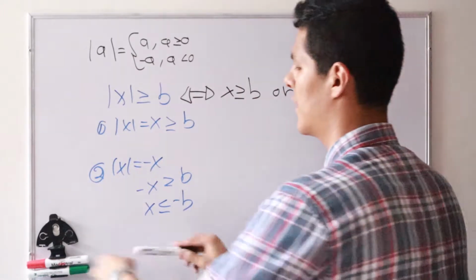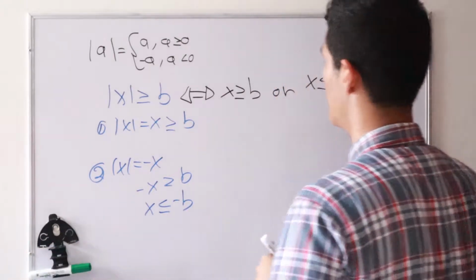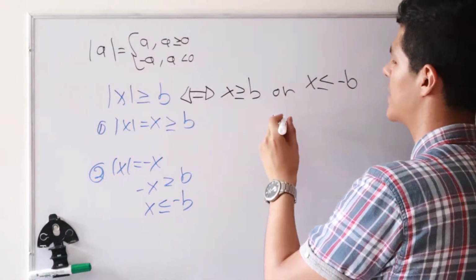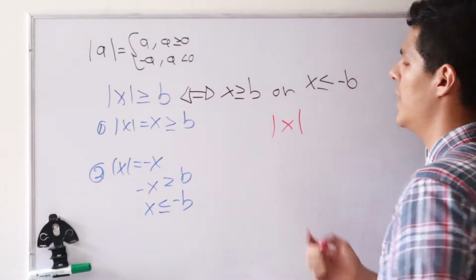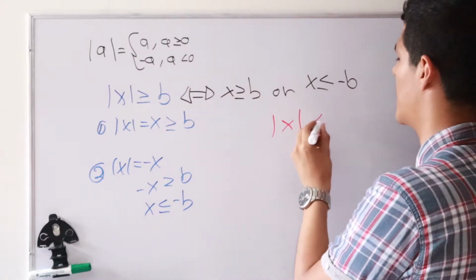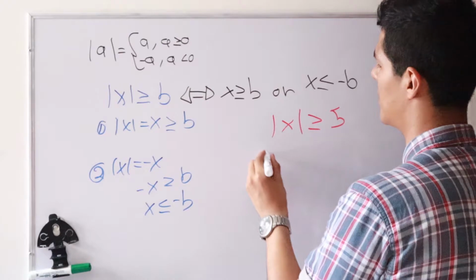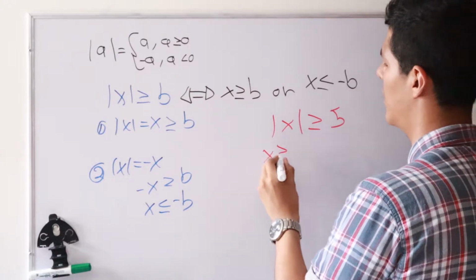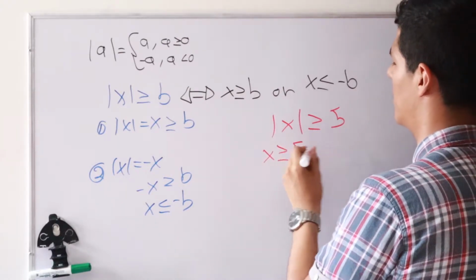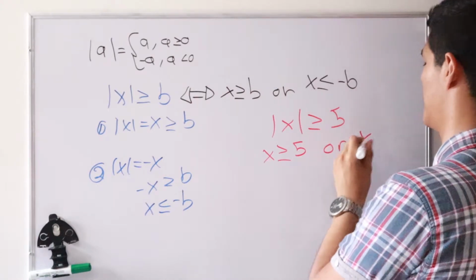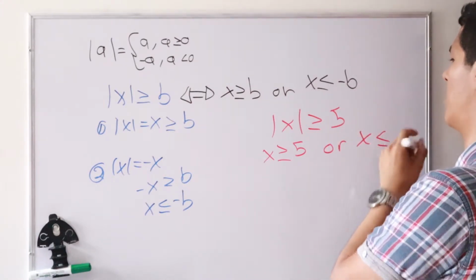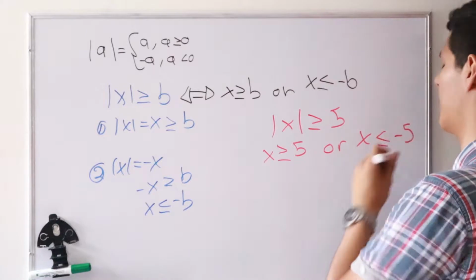So for example, if the question of an exam is to find the values of X such that the absolute value of X is greater or equal to 5, we need to change this: X is greater or equal to 5, or X is less than or equal to minus 5.